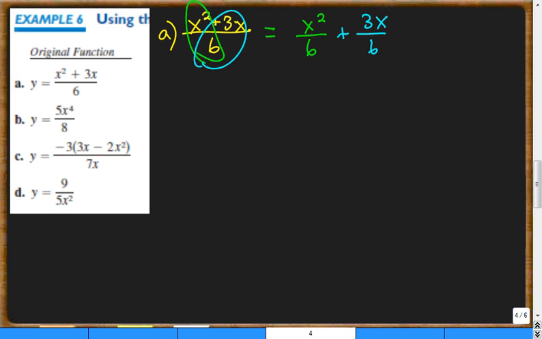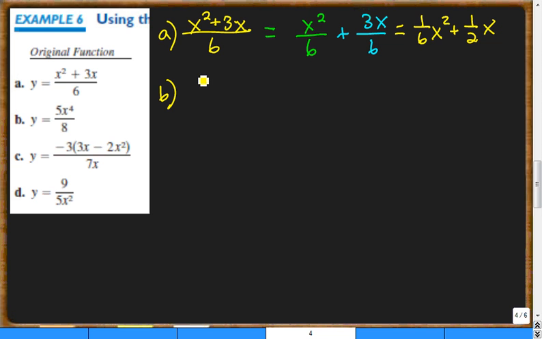Now, sometimes you have to, like our previous example. But in this example, we could go through and do two separate versions of the product rule. And again, this could be written as 1/6 x squared plus 3 over 6, which is the same as 1/2 x. So a very, very simple way to write it.